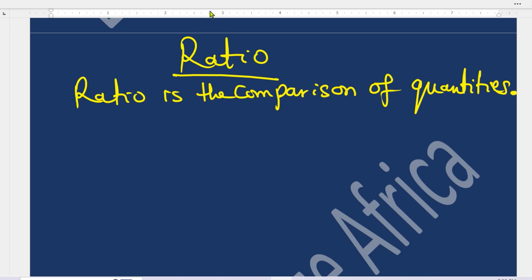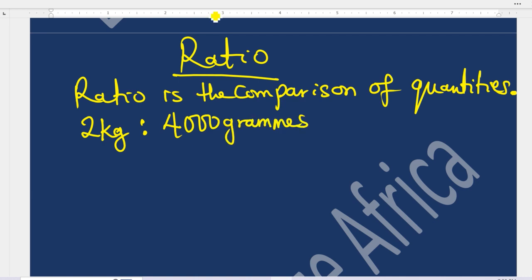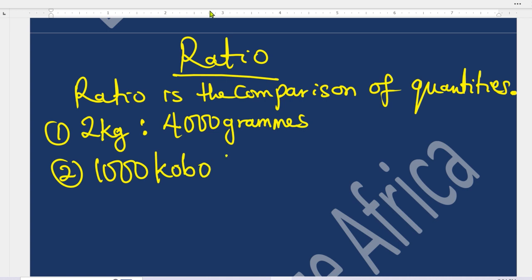Quantities can come in different forms, like 2 kilograms is to 4,000 grams. It can also come like this, that 1,000 kobo is to 50 naira.